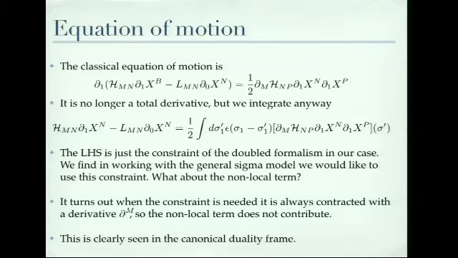So what we find is if we have the equation of motion, we need to substitute this somewhere in what we'll use later. Then this free index is always contracted with a raised derivative.